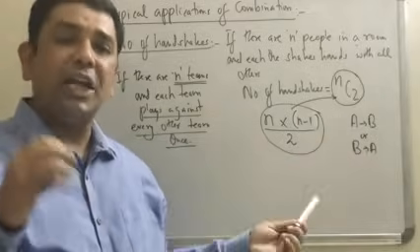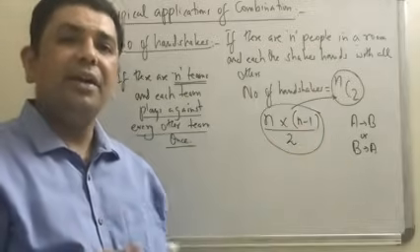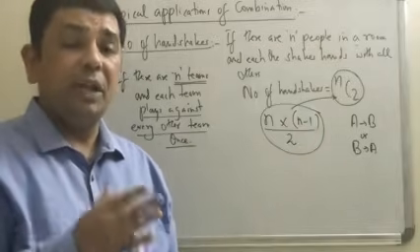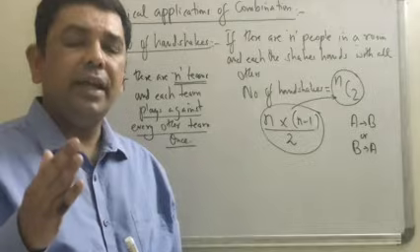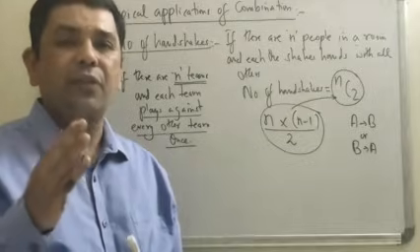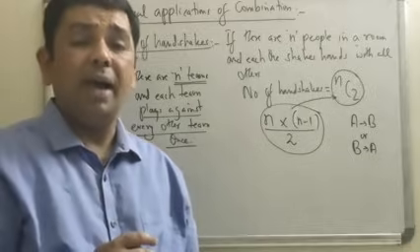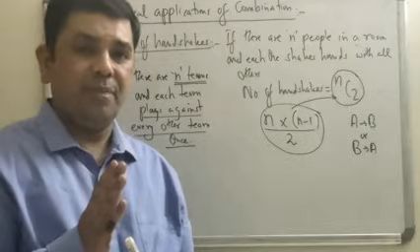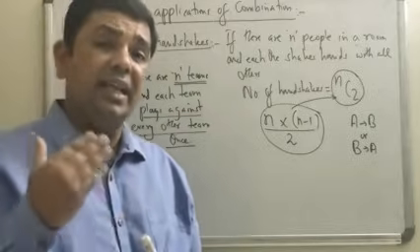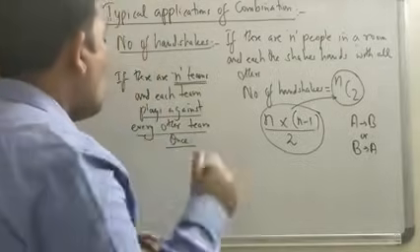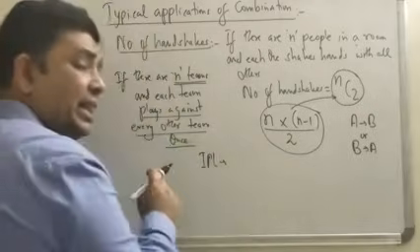Just like for a handshake you need two people, in the same way for a match being conducted, you need two teams. Right? So for example, if the next edition of the Indian Premier League, that is the IPL, popular IPL, has got 10 teams, and each team were to play one match against all the other teams, then what will be the total number of matches in that IPL?